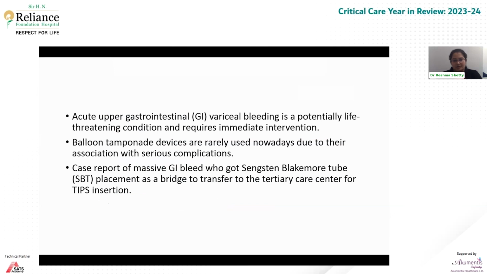So acute GI bleed, variceal bleed is a potential life-threatening condition and requires immediate intervention. However, balloon tamponade devices are rarely used nowadays due to their association with serious complications. But there was this case report in which this patient had a massive GI bleed and who got SB tube placement as a bridge to transfer to the tertiary care center for TIPS insertion.